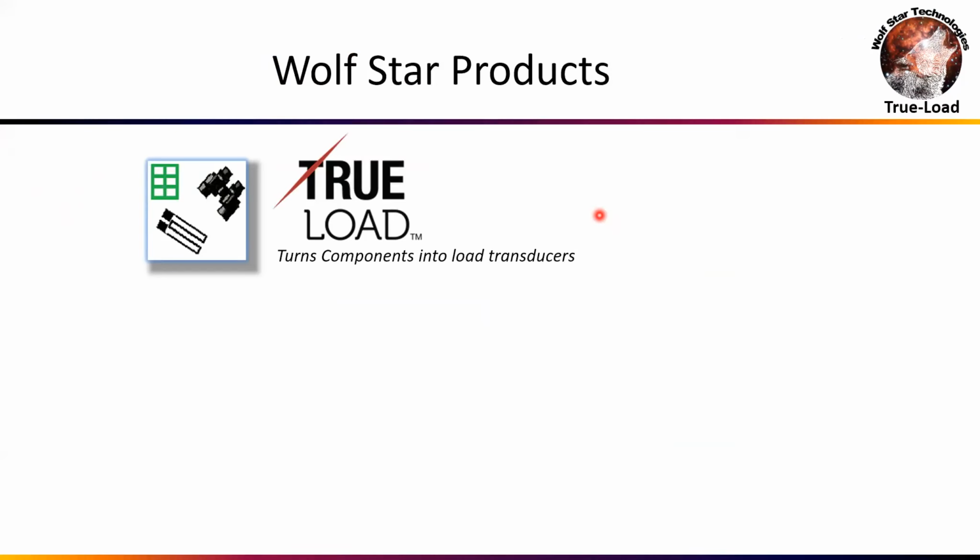Then you place the strain gauges on the physical part, measure the physical strains in its operating environment, and we use those physical strain measurements to back calculate the loads. We're turning your parts into load transducers, and we're leveraging the FEA model to do that, okay? We're making load transducers, that's about it.